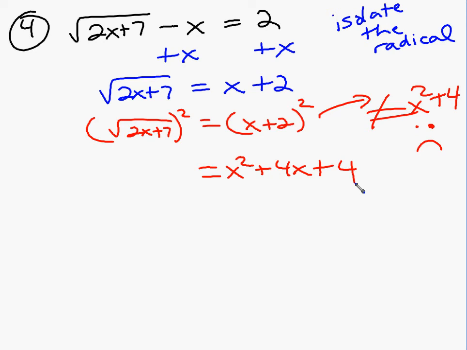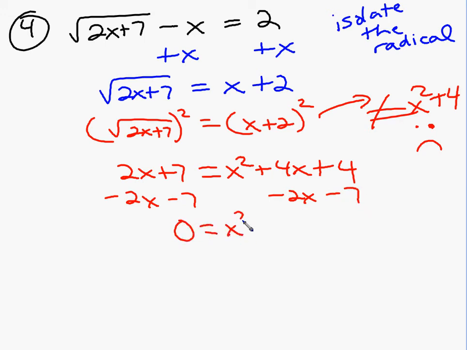On the left-hand side, the radical goes away, and I just have 2x plus 7. From there, it's a quadratic, and you should know what to do. I would get everything on one side. So I have 0 equals x squared plus 2x minus 3.